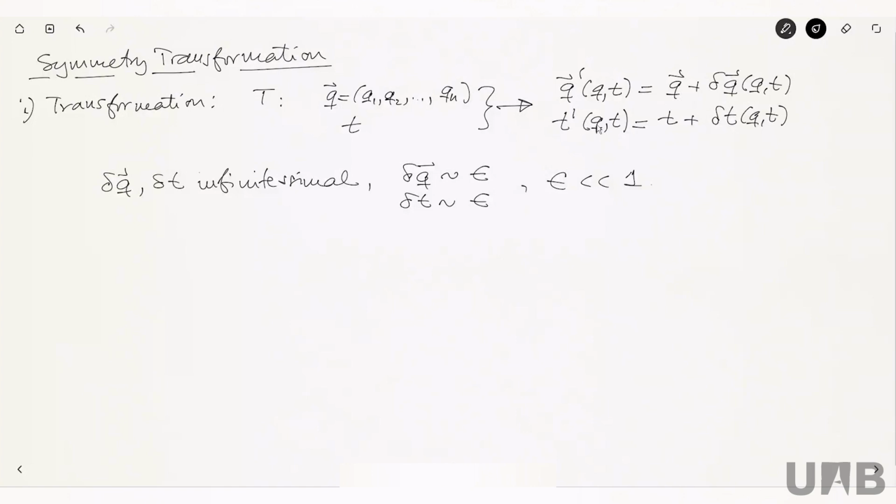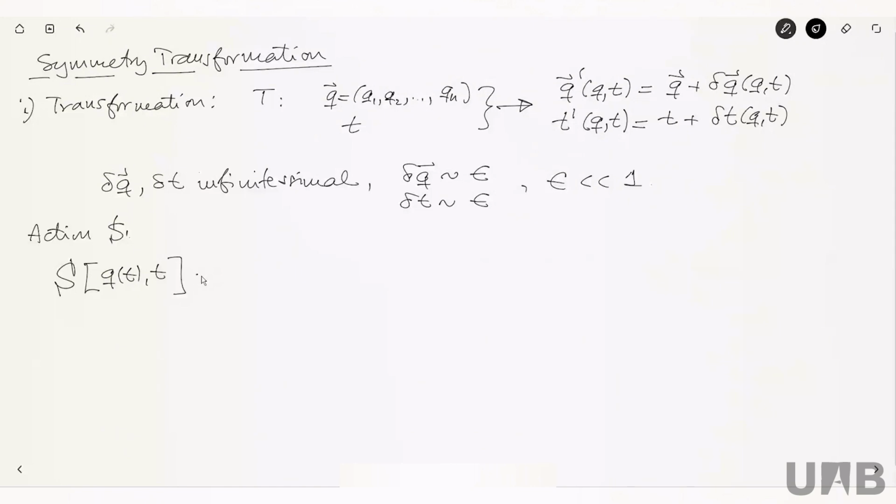This is clear, right? So that means that if I start from the action S, remember, a functional of q of t and t, given by the usual integral over t of the Lagrangian, I don't write it, okay?